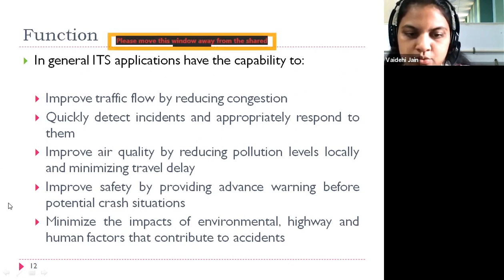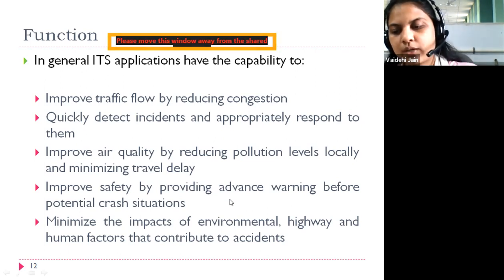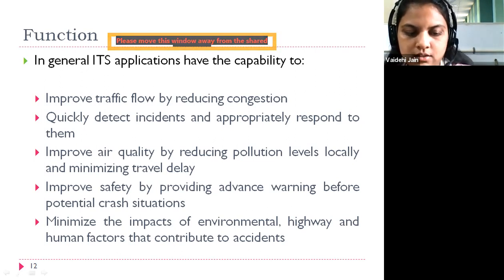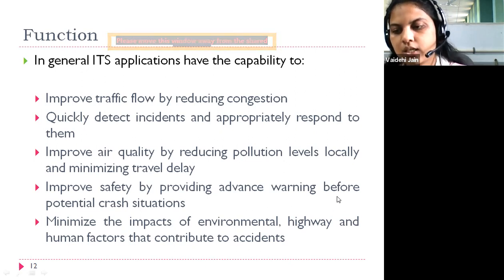Then improve the safety by providing advance warning before potential crash situations. We can see the warning signs at the roadsides, which provide us the warning about the crash situations ahead.